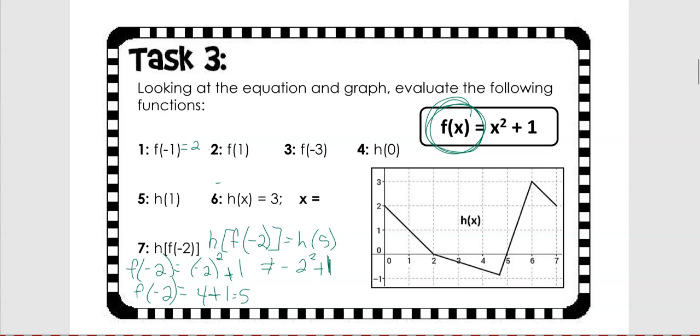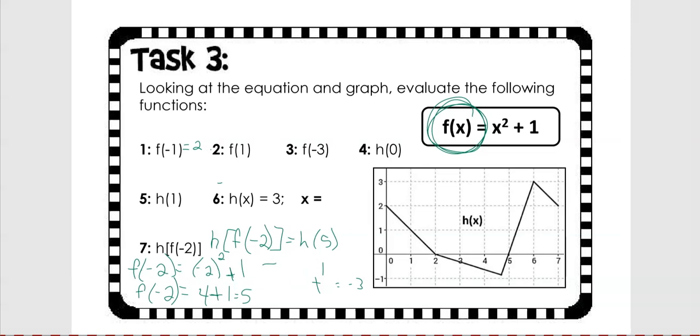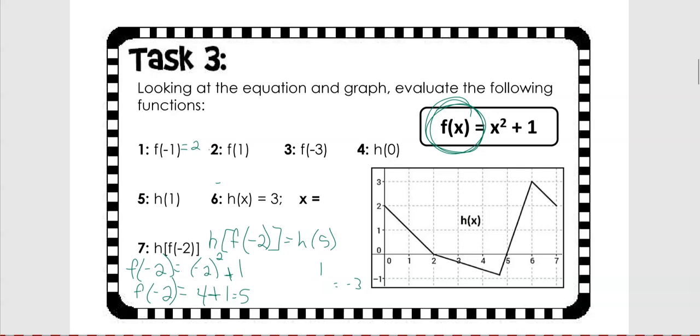So negative 2 squared is negative 4, plus 1 is negative 3. Those are two different answers. One good thing to see there is that if you had gotten that, it would have been really difficult to find the answer because there is no h of negative 3 on this graph. Don't leave negatives outside of parentheses.